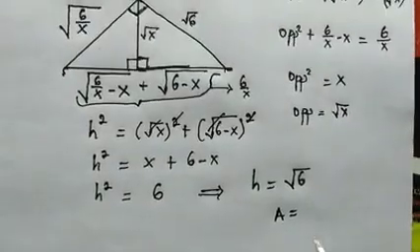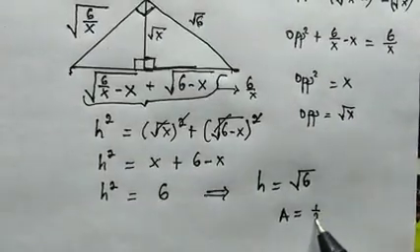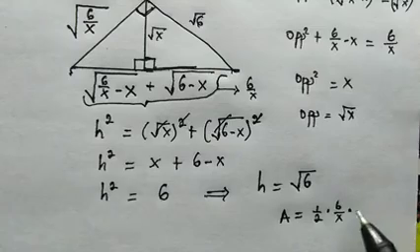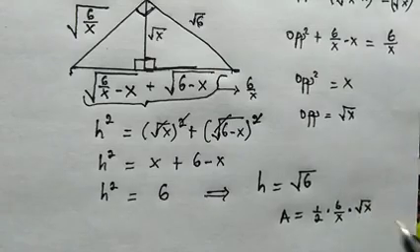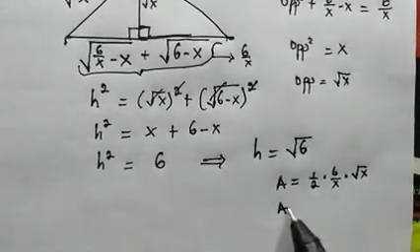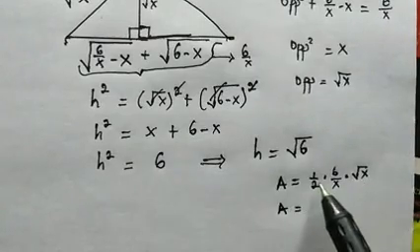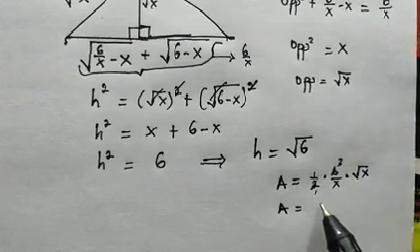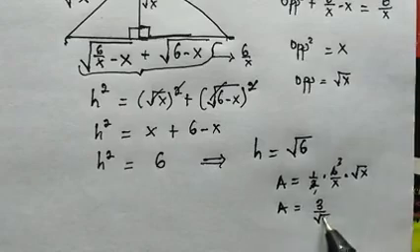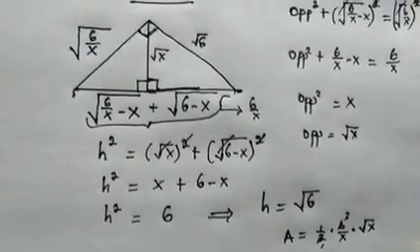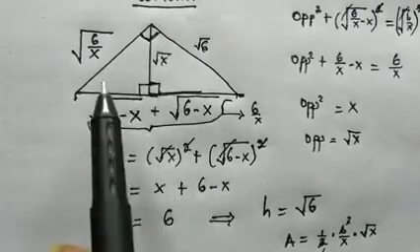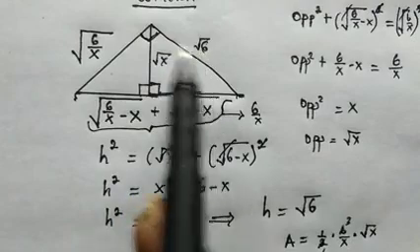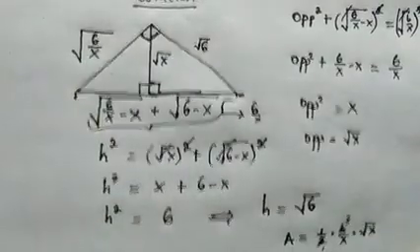So therefore, the area of this triangle will be half times the base, which is 6 over x, times the height here, which is the square root of x. Then A here will be equal to, if you divide here 1, here 3, we get 3 root x over x, which is the same as 3 over root x. Then, considering this right triangle, we know the height now will be root 6 and the base is root 6 over x.